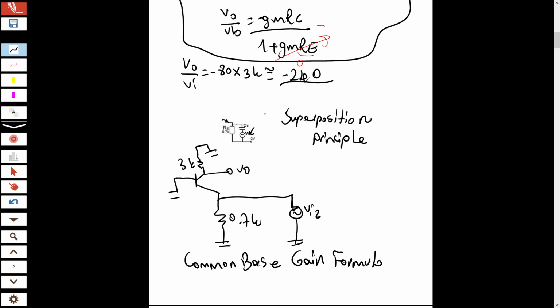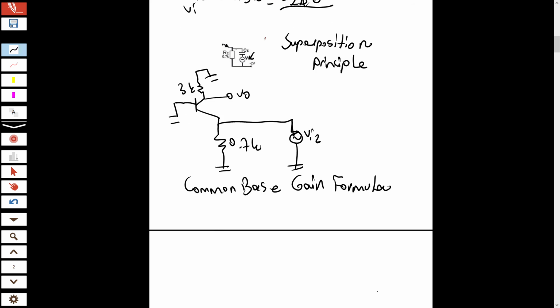The common base gain formula was V output over V emitter equals gm RC over 1 plus gm RB divided by beta forced. But in this question there is no RB resistance, base is grounded, so this gm RB over beta forced term cancels, and the gain directly equals gm times RC.